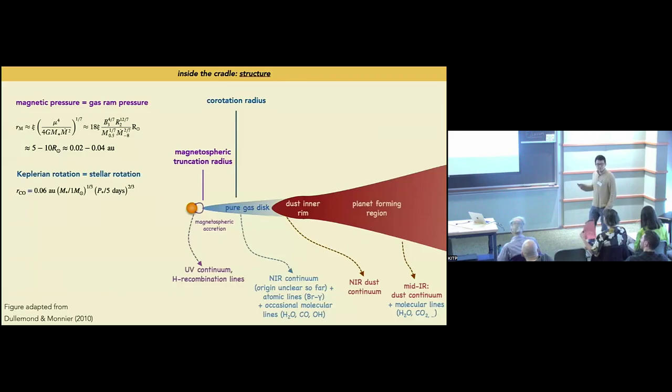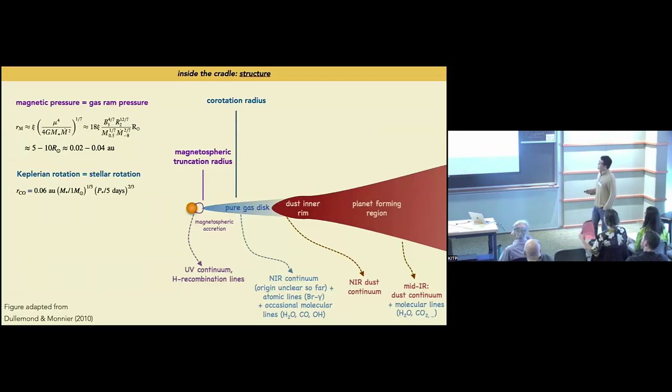That's the place in the disk where the Keplerian rotation is the same as the stellar rotation, okay? And if you plug in some numbers for a solar mass star, rotating every 5 days, you will get something like 0.06 AU.